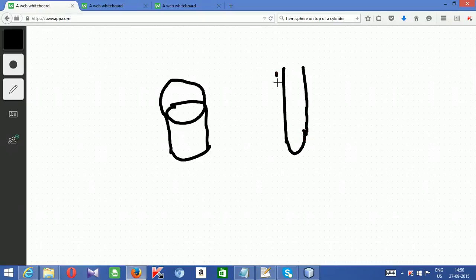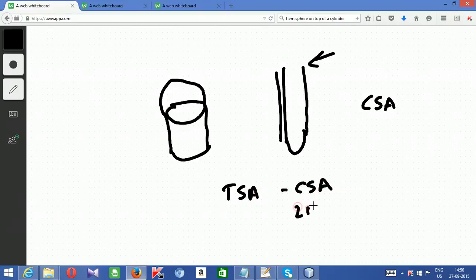Now, till the cylinder, you need to take the curved surface area of the cylinder. Reason: you are not going to cover the top circle or the bottom circle, because at the bottom it is covered by the hemisphere, and at the top it is open in the test tube. So the total surface area is nothing but the curved surface area of the cylinder, which is 2 pi r h, and the curved surface area of the hemisphere.